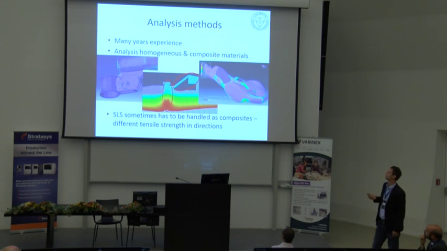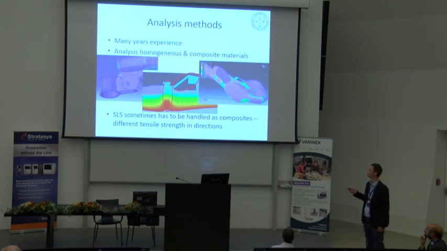I can show it to you if you want. For the analysis method, we have many years of experience. We have designed a lot of things, for example wind turbine towers. We have made thermal analyses.